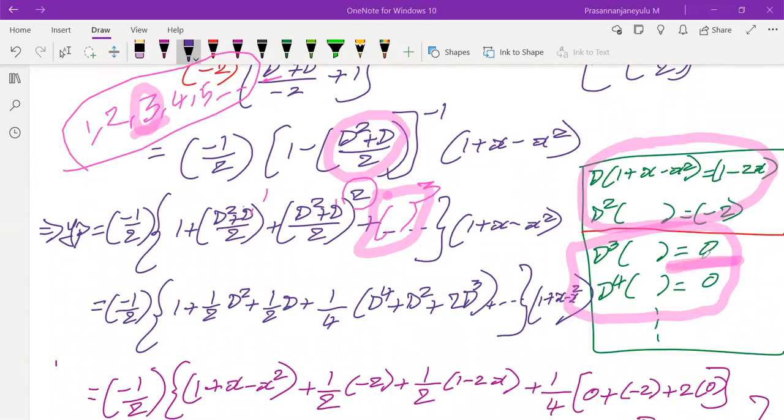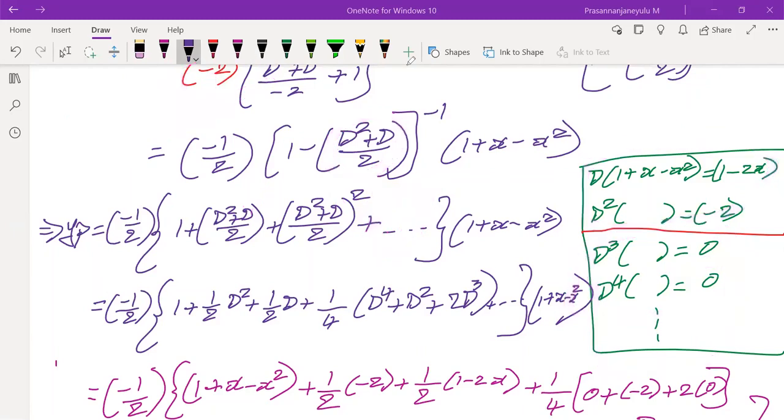So why should we take the next term? Even if we take the least power of 3, all the remaining terms will be more than 3, so all those terms become 0, as we discussed in the rough work. Because of that reason, I am not taking power 3, power 4 and so on. Is it clear to everybody?